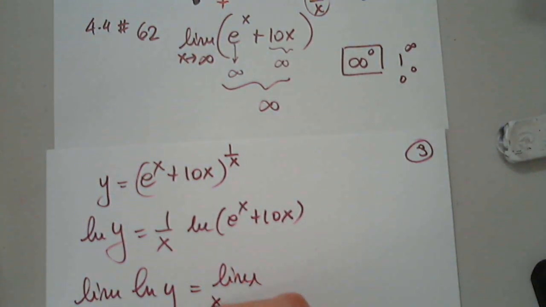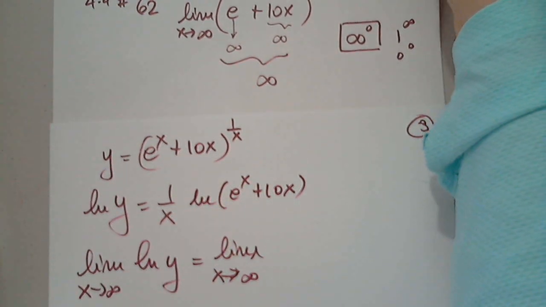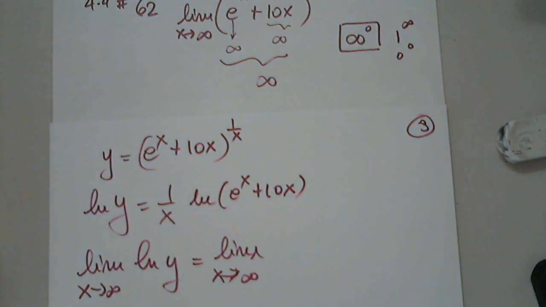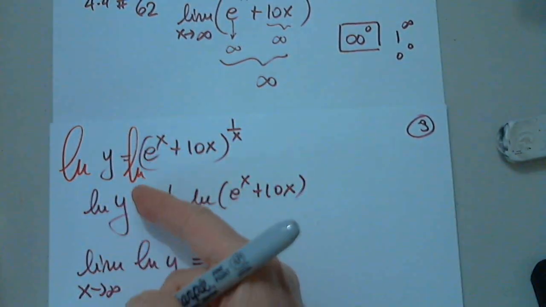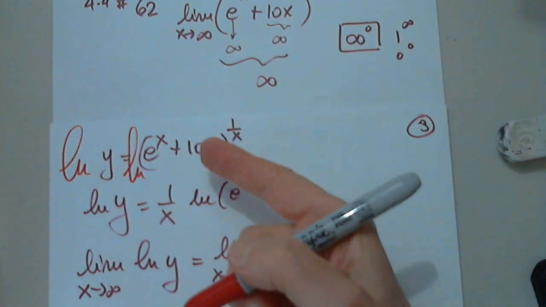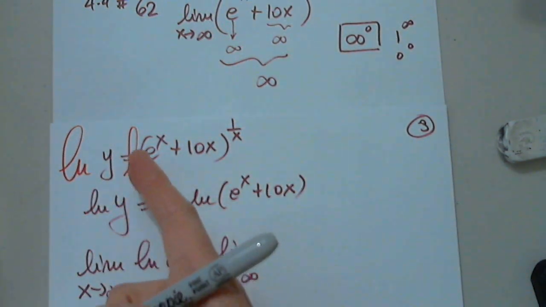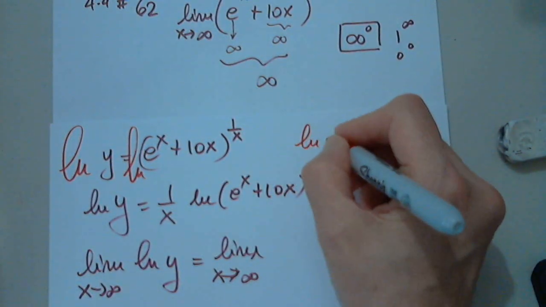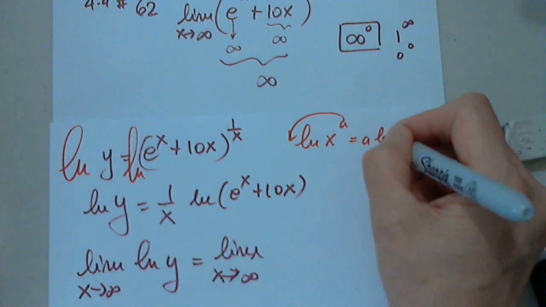I have a question. Yes? So when you bring the 1 over x down, you didn't have to subtract anything from it, the power? Oh, let me show that intermediate step. So when I apply natural log here and natural log here, the property of log says natural log of x to a means a natural log x.